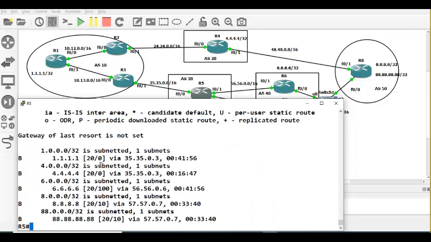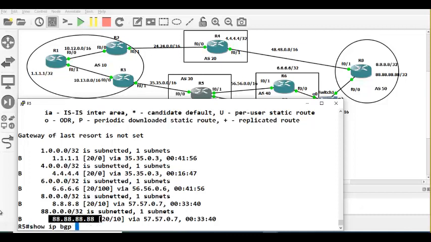Router 5 has got via 3 to reach router 4, via 6 to reach 6.6.6.6, via 7 to reach 888 and 8888.